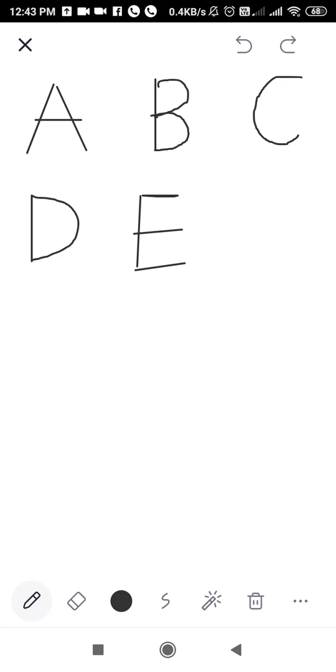So E for elephant. Then next letter after E is letter F, right? So to write letter F, first you will draw one standing line and then two sleeping lines. Okay, F for fish.